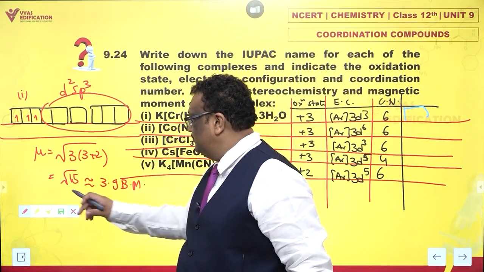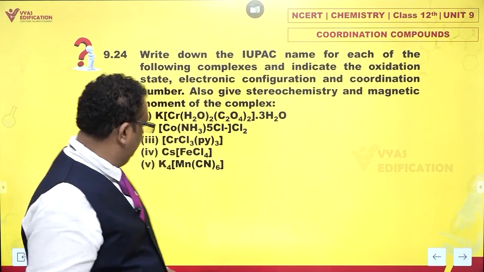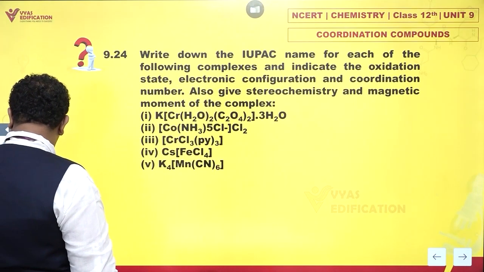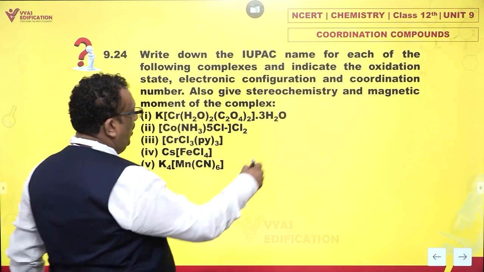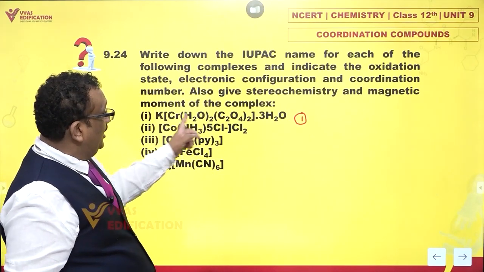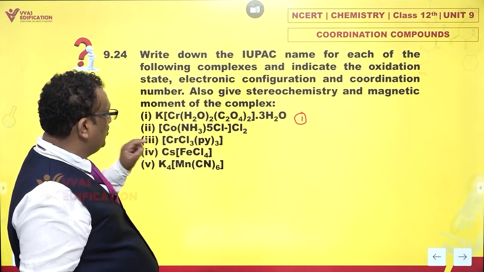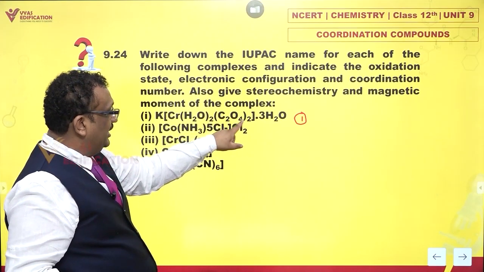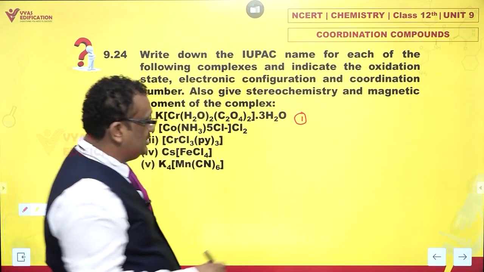Let me just tell you. If you look at question number 1, we have described other things, and now if you look at the stereoisomerism part, there are 2 bidentate and 2 monodentate ligands.